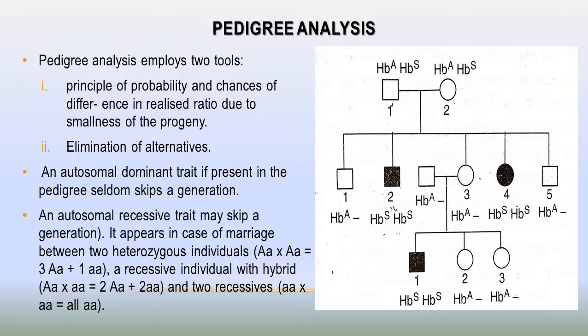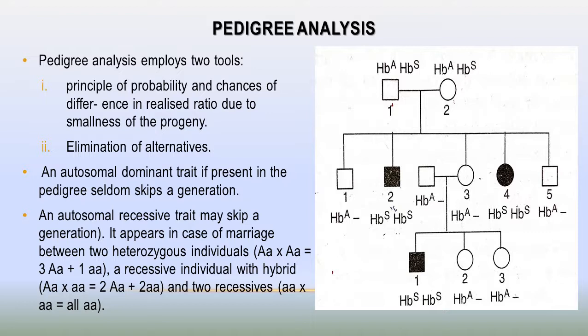So the parents are unaffected, but when we see their offspring in the second generation, they produce five offspring: three male and two female. The first male is unaffected, the second male is affected, the third, a female, is unaffected, the fourth, a female, is affected, and the fifth, a male, is unaffected.